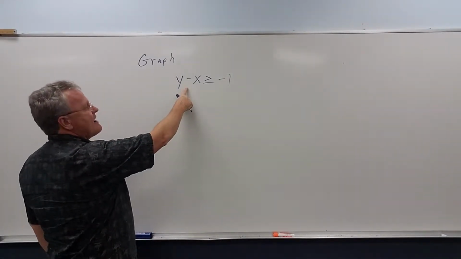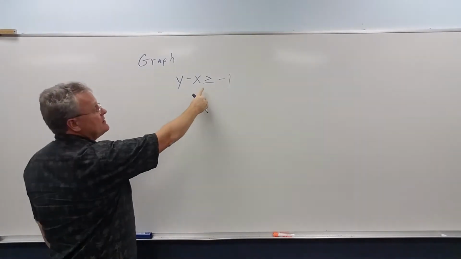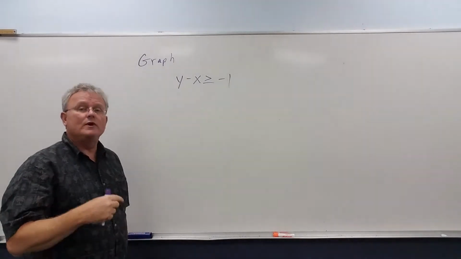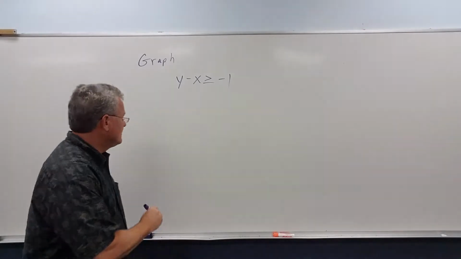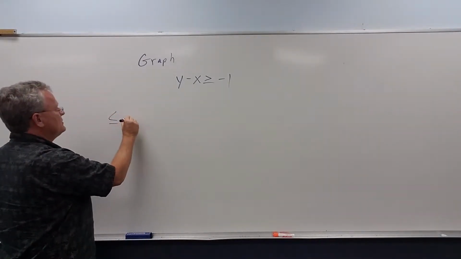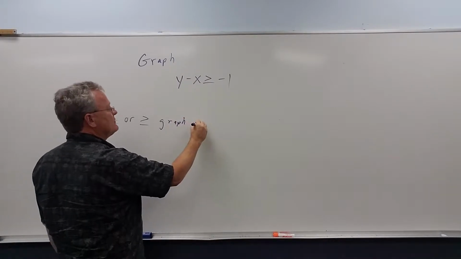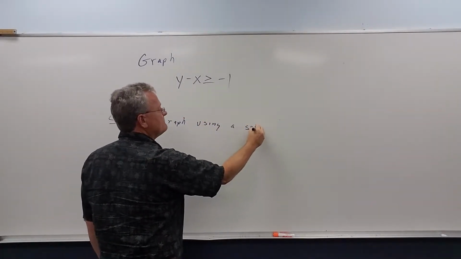When we graph, the first thing we're going to be doing is graphing a line, as you'll see in a bit. But when there's an equal underneath the inequality, we graph the line with a solid line. Right? So if you have this or this, you graph using a solid line.